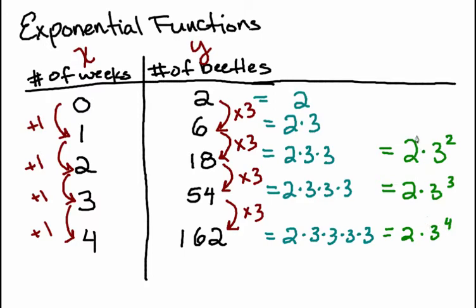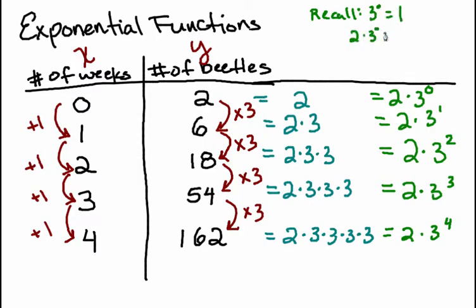And if we go back here, look at week 1, we can write this as 2 times 3 to the first power. And in fact, before we even started, we could say that this is 2 times 3 to the 0 because remember that 3 to the 0 really equals 1, which means that 2 times 3 to the 0 equals 2. So there's a pattern developing here that I'm hoping you're noticing.